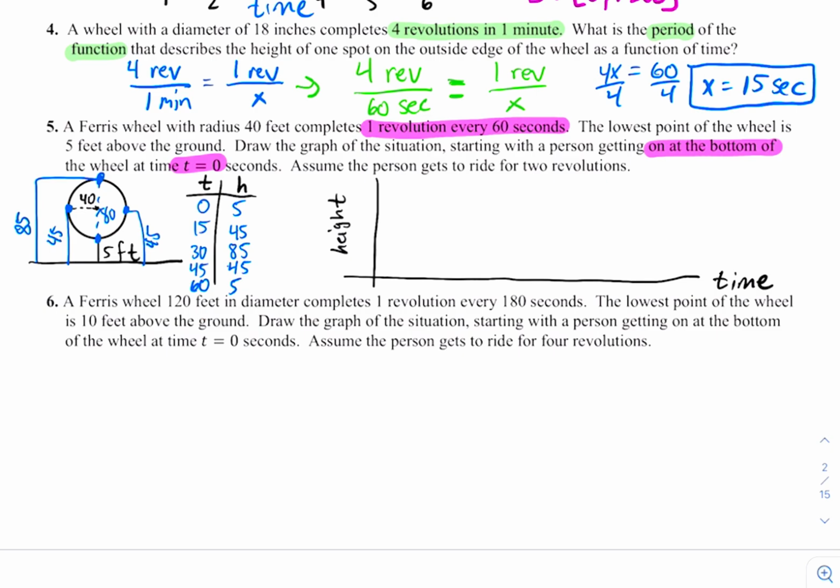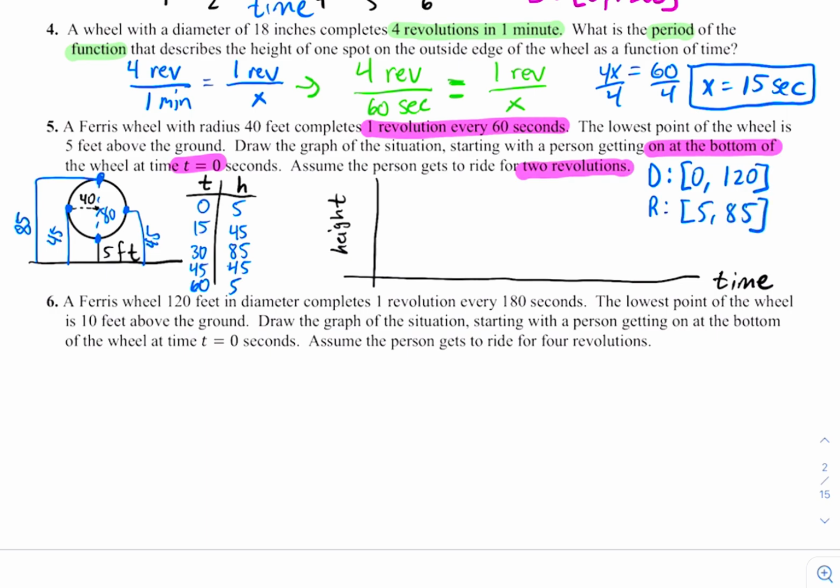And notice in our problem how it tells us that we have 2 revolutions. So that means for my domain for this, I'm going from 0, and then my time would be 60 seconds for one revolution, and then if I add another 60, it's going to be 120. And then my range has to be between that 5 and 85.